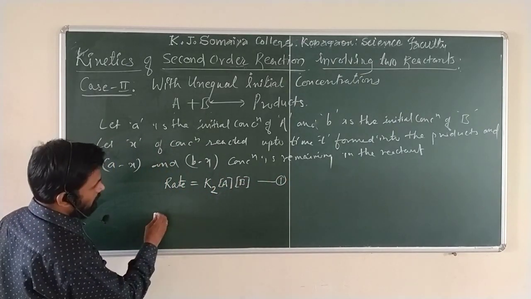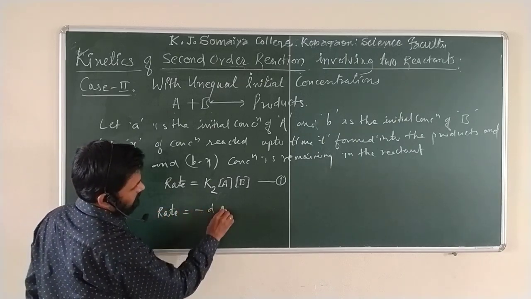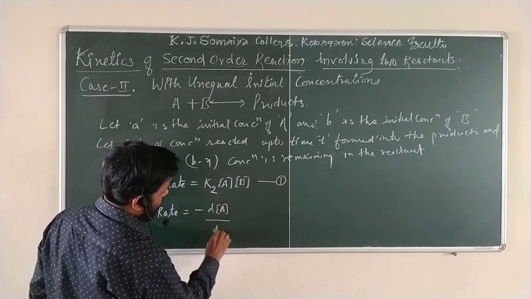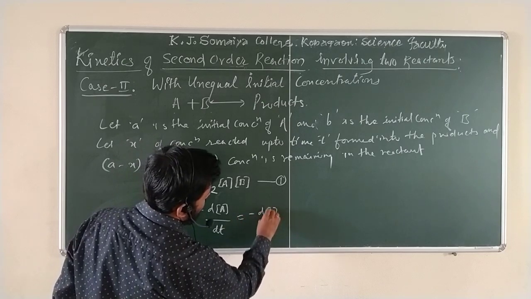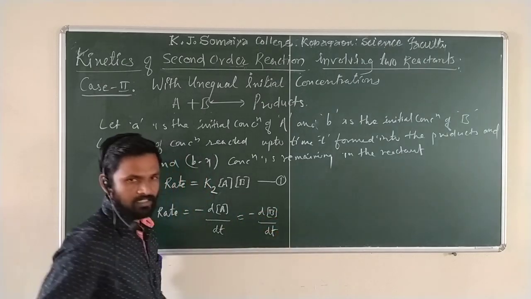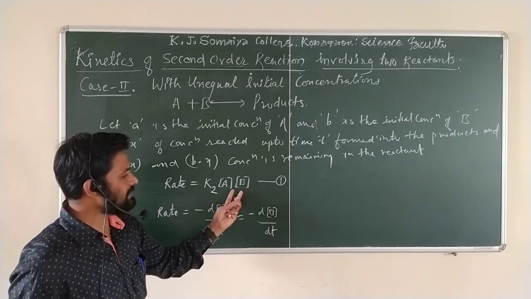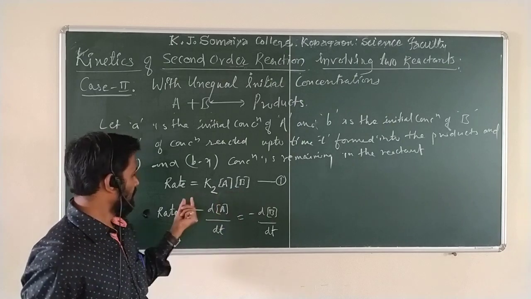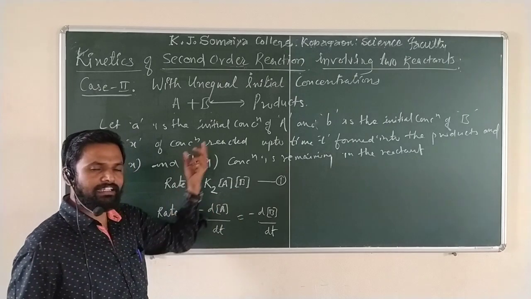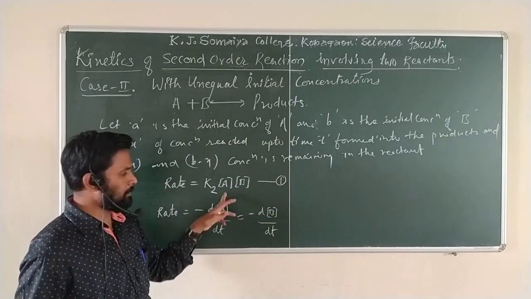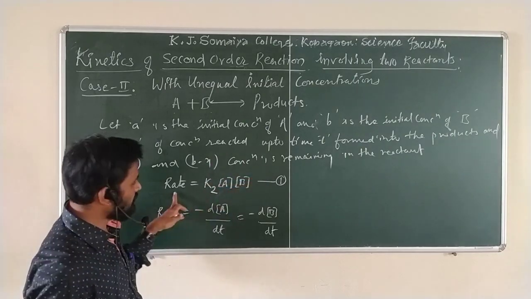Now this rate can also be written as minus dA upon dt or minus dB upon dt. Now what is the concentration of A and what is the concentration of B? This is the remaining concentration, as you know, according to the law of mass action: the rate of any reaction at that instant is directly proportional to the concentration of the reactive molecules at that instant.